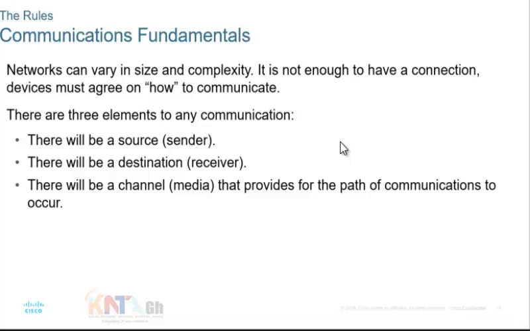There are three elements to any communication. There will be the source, which will be the sender. There will be the destination, which will be the receiver. And there will be a channel or the media that provides the path for communication to occur.